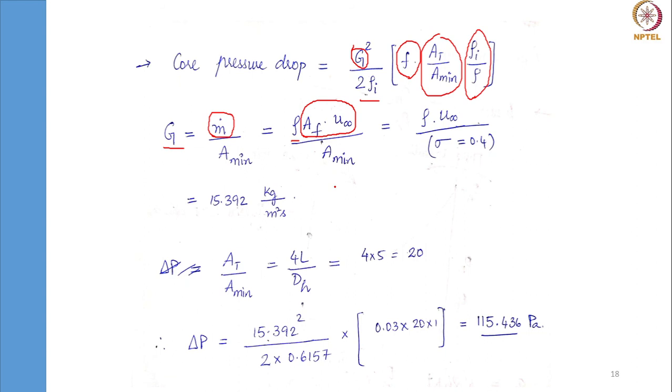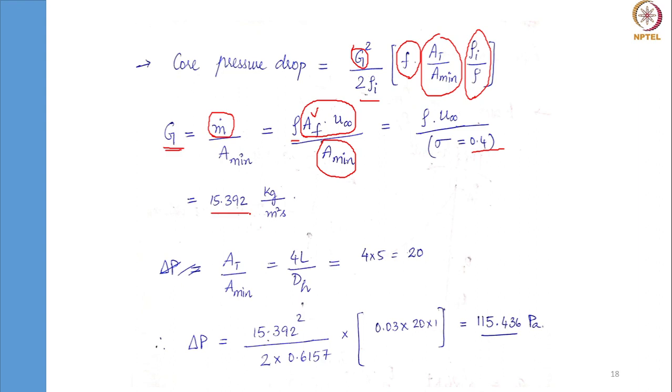So A minimum by AF is nothing but the fin parameter called sigma, given as 0.4.